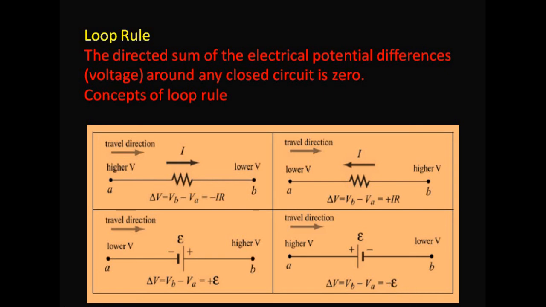So remember, in case of a cell, the measured terminal potential difference is taken as positive if the destination is positive. The measured terminal potential difference of the cell is taken as negative if the destination is negative.